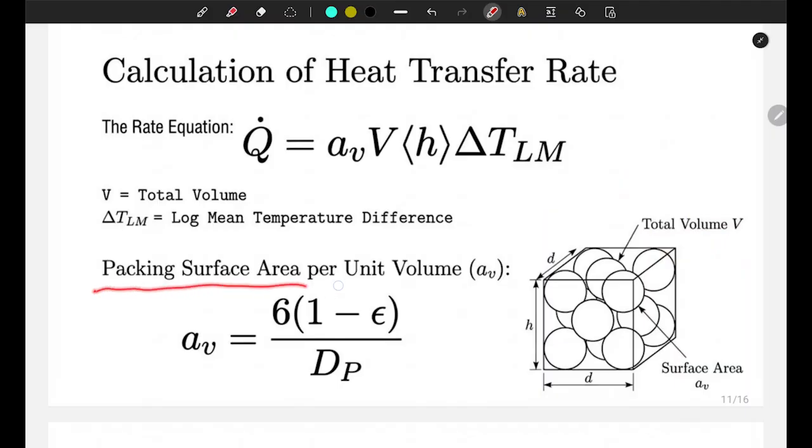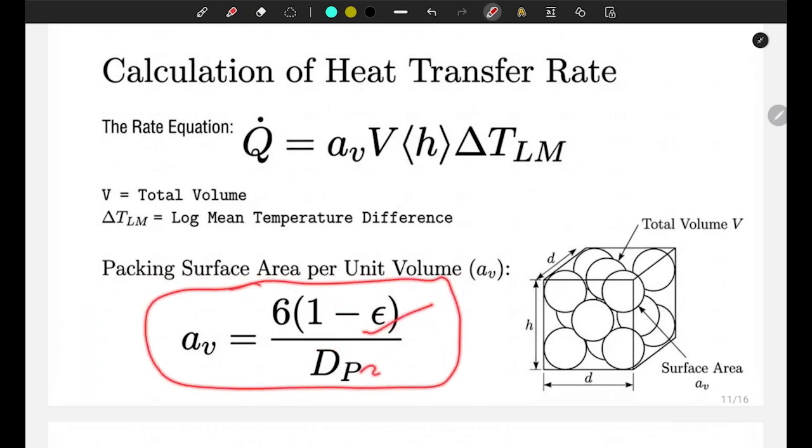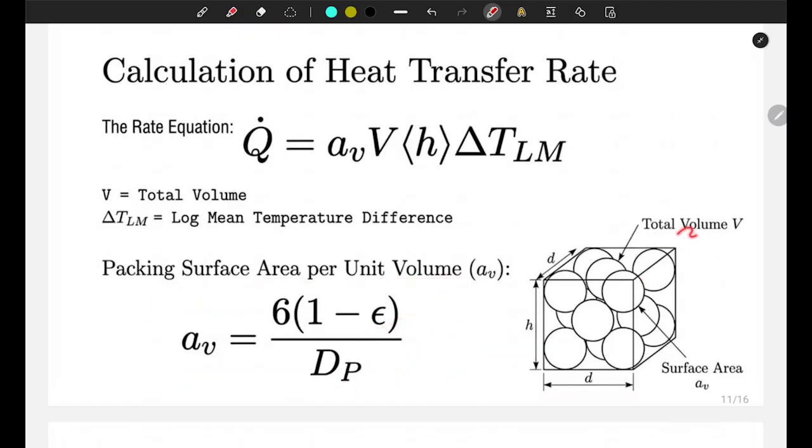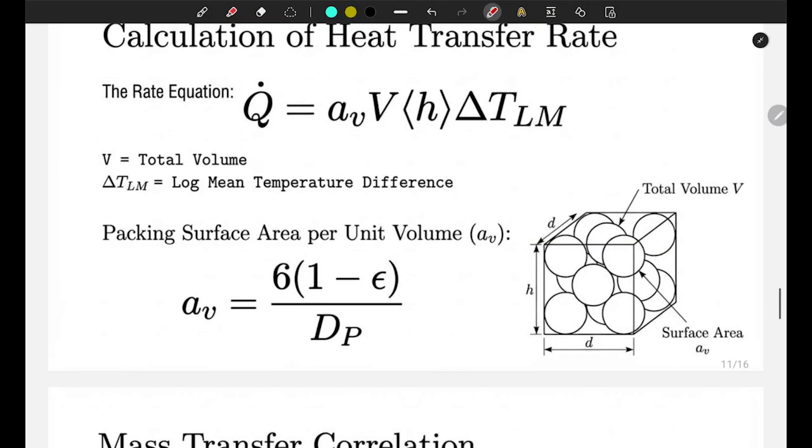And for calculating a_v, we have this formula, which includes porosity and particle diameter. Here is a pictorial diagram for representation.